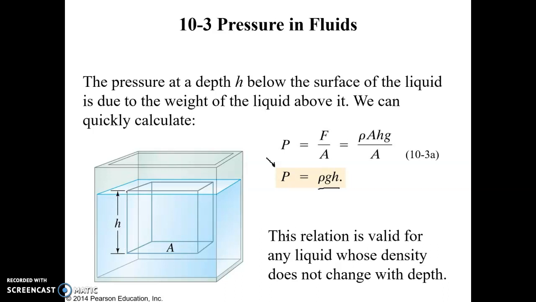This is true for any homogeneous fluid whose density doesn't change. So assuming the density is constant, the deeper you go below the surface, the greater the pressure becomes. And at any depth h, we can calculate what that pressure would be using rho g h.